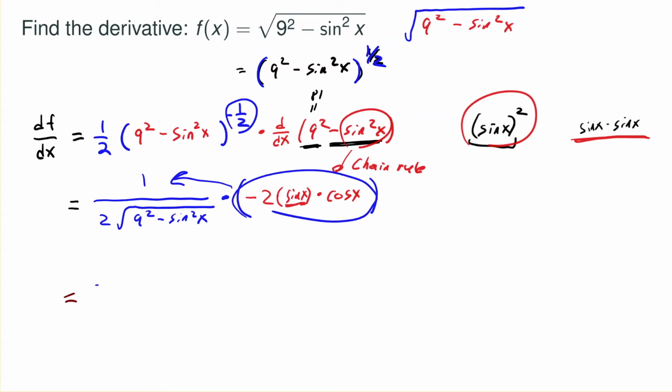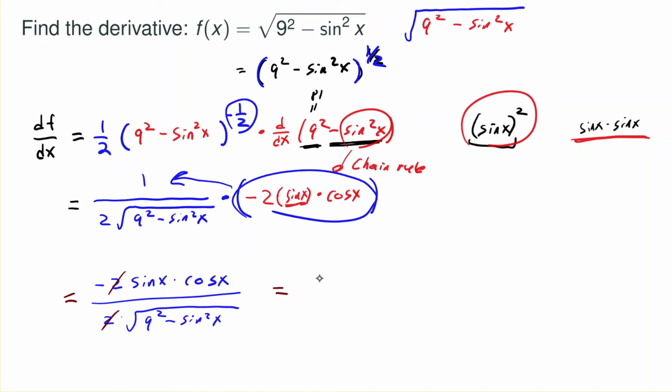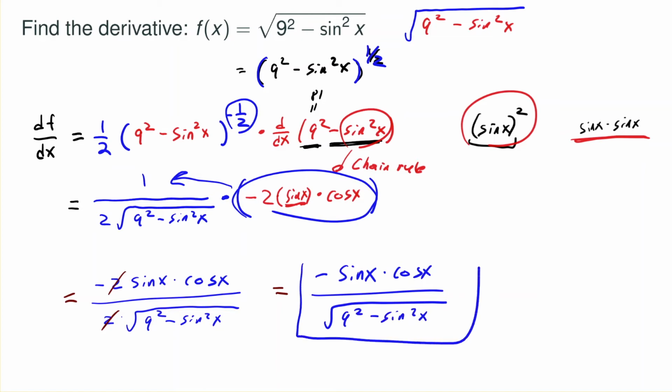So we have negative 2 sine x times cosine x over 2 times square root of 9 squared minus sine squared x. And these 2's cancel out. So we are left with negative sine x times cosine x, entire thing over square root of 9 squared minus sine squared x. So this is the derivative of this function right here.